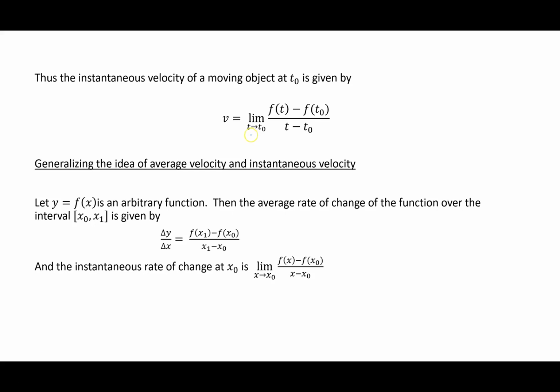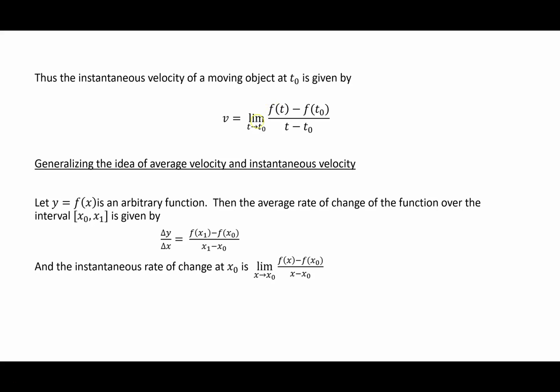The instantaneous velocity at time t0 is obtained by making the time close to t0 in the change in position divided by the change in time. So that's the average velocity. So the instantaneous velocity is obtained from the average velocity by making the time very, very close to the given time t0. Okay, that's the instantaneous velocity formula.